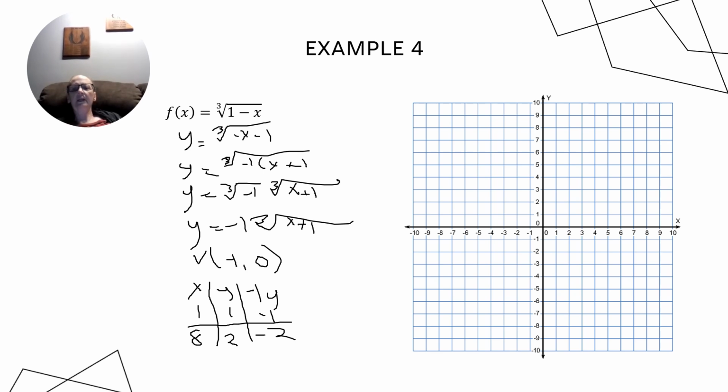So we'll start at -1, 0, right here, and we're going to go up and to the left by going 1, 1, and 8, 2. And then over here we have going 1, 1 again, and then 8, 2. But going downward, both of them.